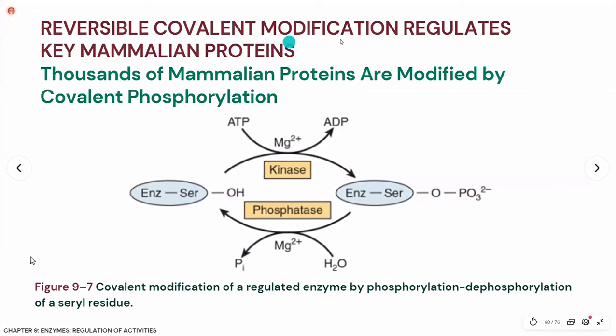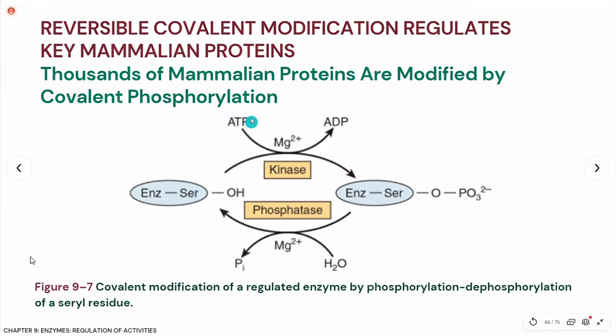This is the one I mentioned. Reversible covalent modification regulates mammalian proteins. That's the one here. Now, a kinase adds a phosphate to this enzyme. This is a serine protease because serine is the active amino acid in the catalytic site. So this is phosphorylated.